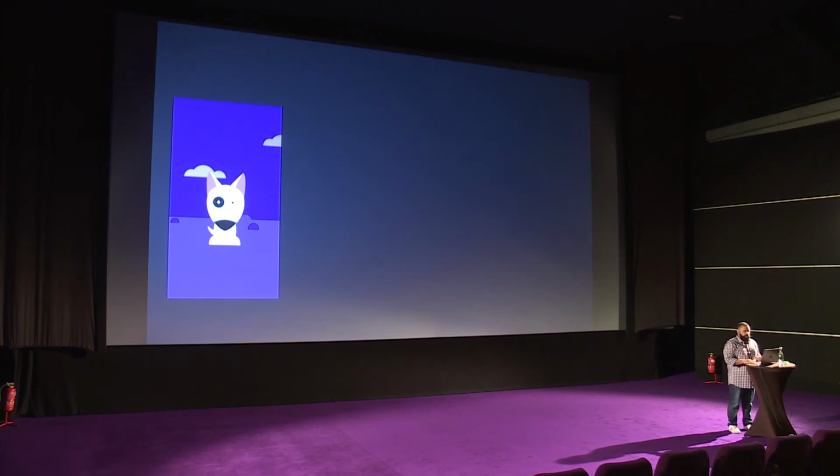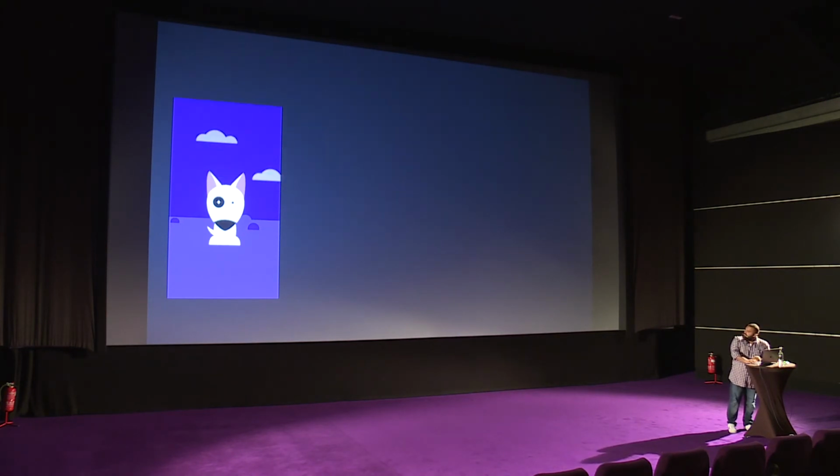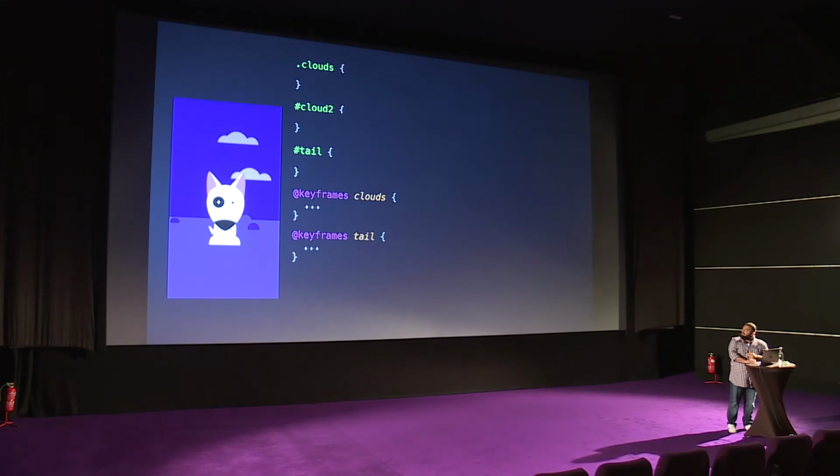with CSS, what we would have to do is define the elements that we want to animate, define also the keyframes, and then start using the keyframes with CSS properties, right? And you see that in this case here, the second cloud has a delay.